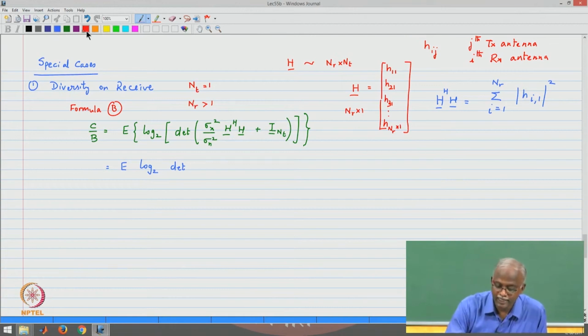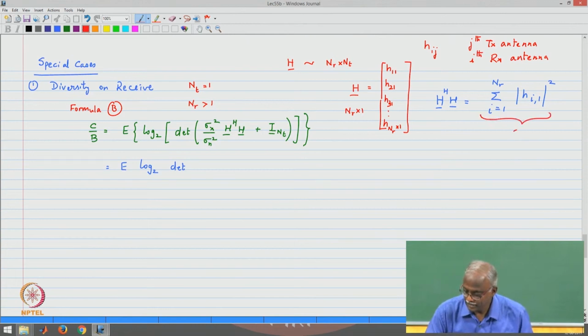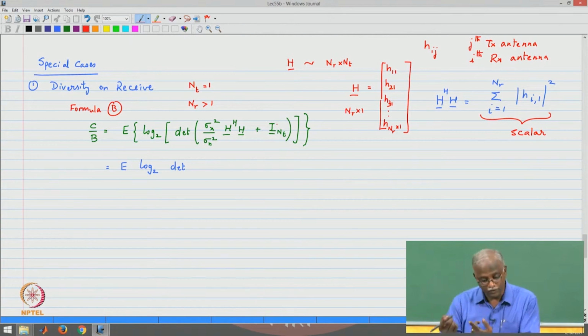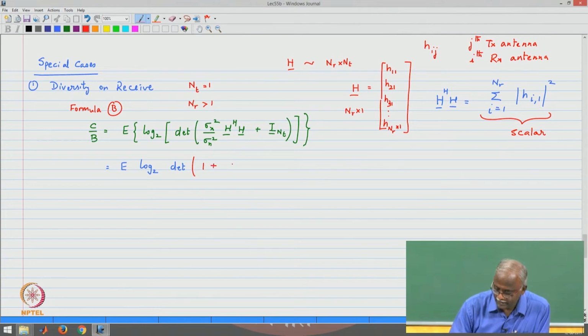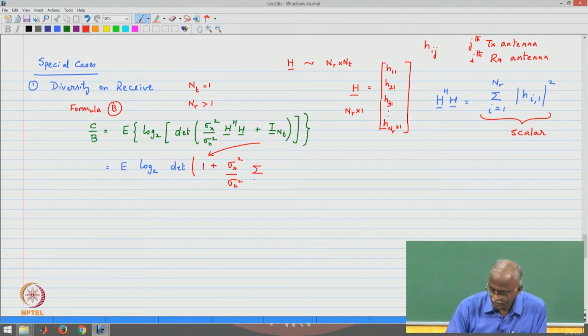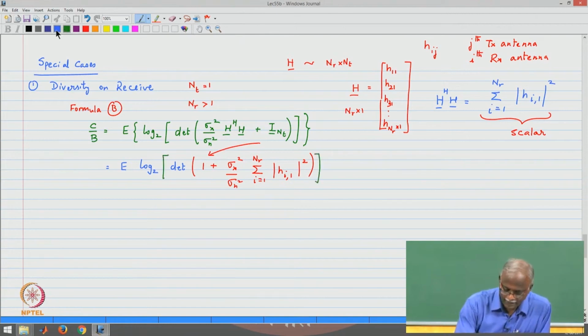So, the expression inside, I n t with NT equal to 1, is therefore also 1. So, the determinant of 1 plus sigma x squared by sigma n squared times the summation i equal to 1 through NR of the magnitude squared of H of i comma 1. Okay, logarithm of this and expected value.